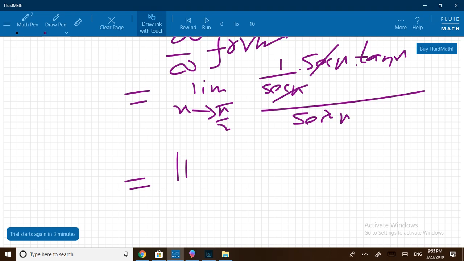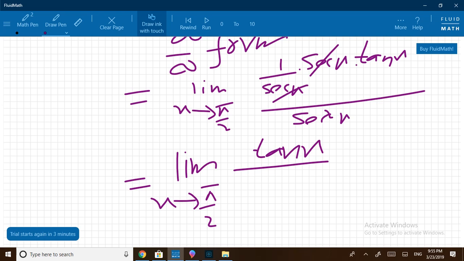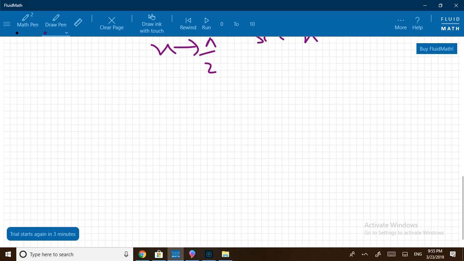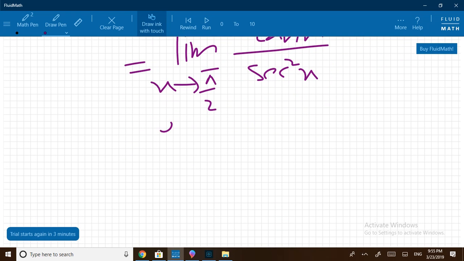It is the limit x approaches pi by 2, and in the numerator only one term, which is tan x, and in the denominator secant square x. So when x approaches pi by 2, tan pi by 2 is infinity, it is again infinity divided by infinity form, which means indeterminate form.